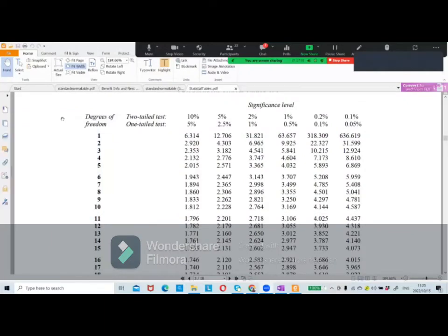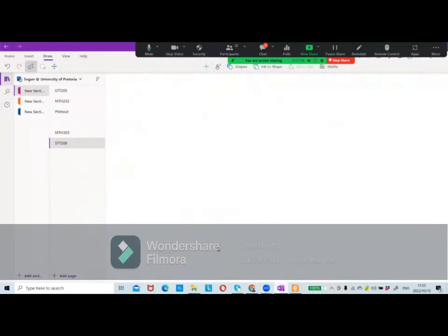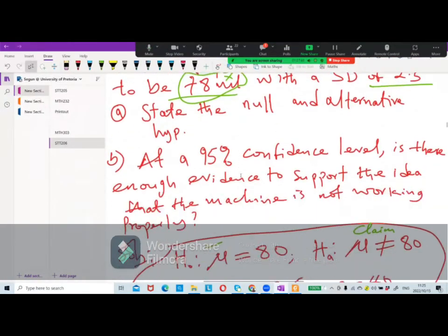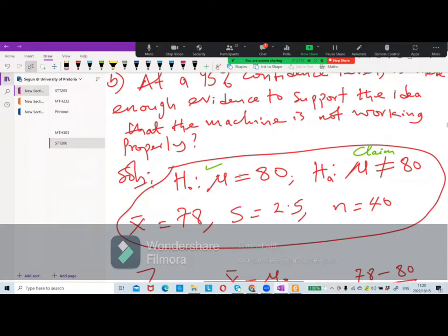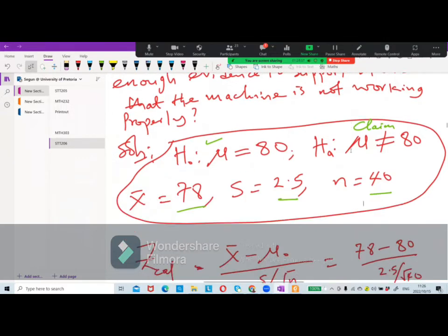Now, if you look at where we stopped the other time, we stated this hypothesis. Our mean is 78. Our standard deviation is this. Our n is this. Now, the question is, which test are we going to use? Z test.